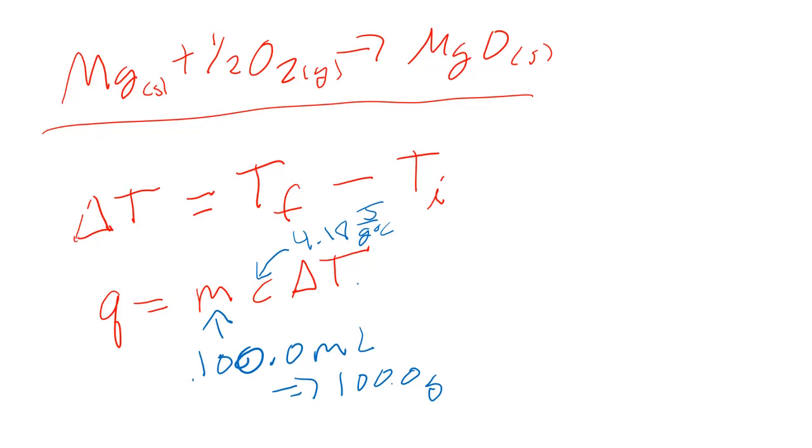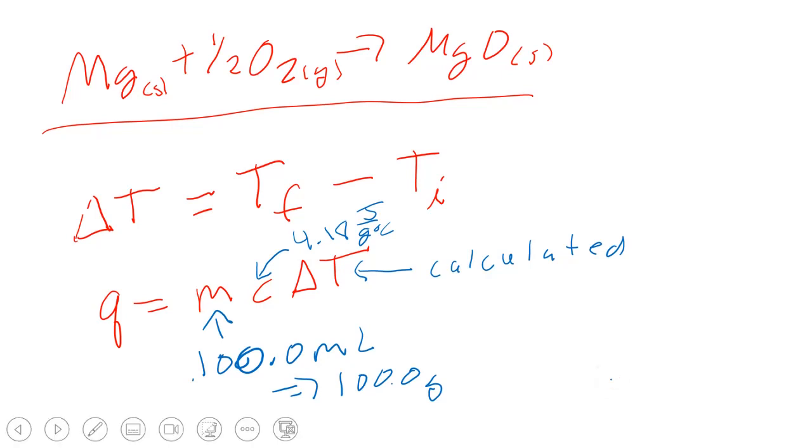But it's fairly dilute, so for our purposes and calculations, we can use the properties of water here. And then you're going to plug in your delta T that you calculated for each one of your reactions, and that's going to give you your heat that is released by each reaction.